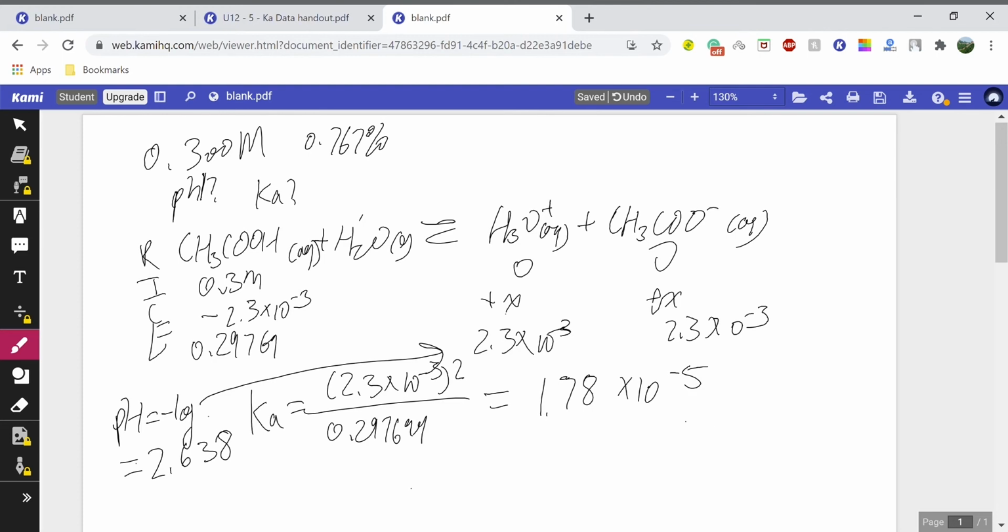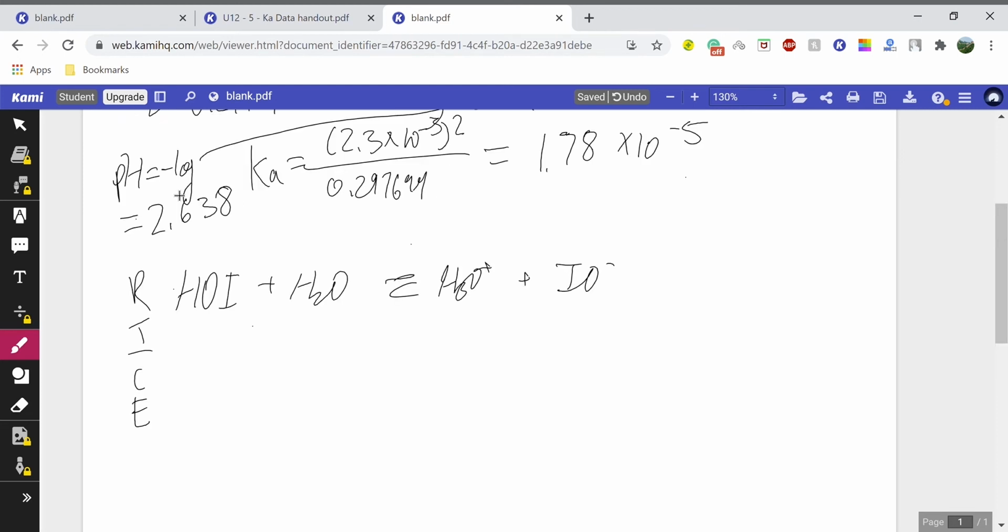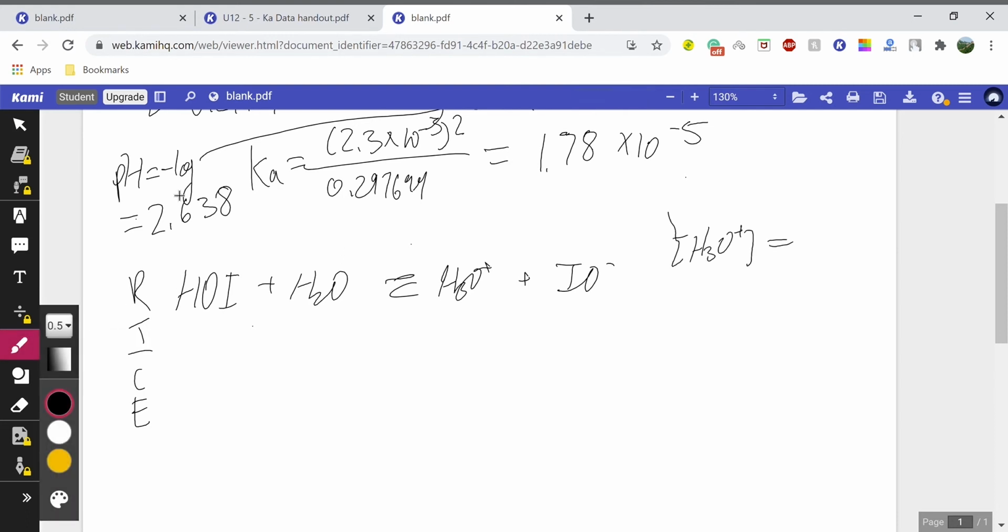Now the question says, write the equilibrium expression for the ionization of HOI and calculate the concentration of HOI aqueous at equilibrium. So for HOI, let's quickly make a RICE chart, HOI plus H2O forms an equilibrium with H3O plus. Another piece of information given is that the concentration of H3O plus at equilibrium is 2.3 times 10 to the negative fifth.